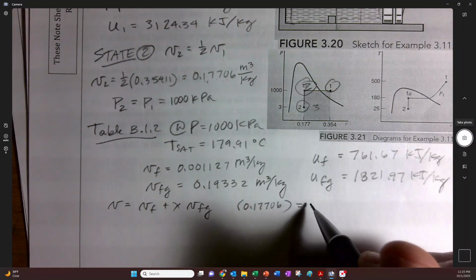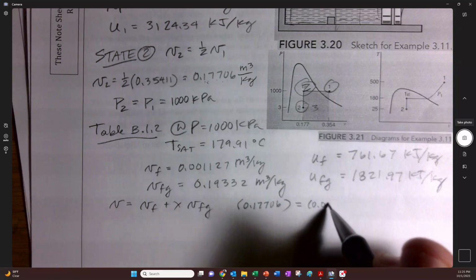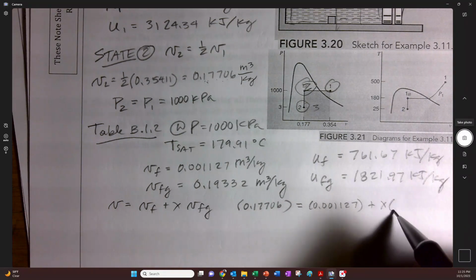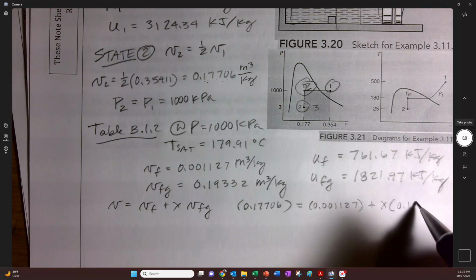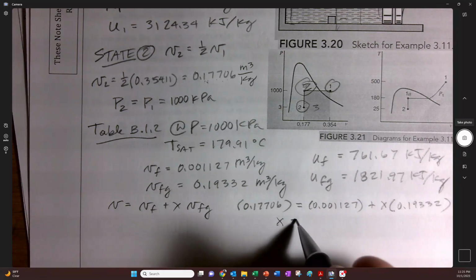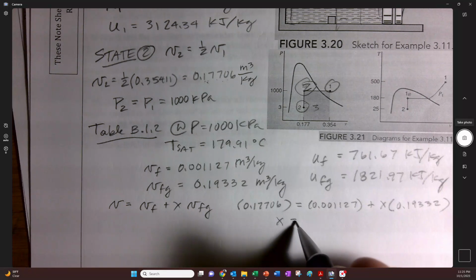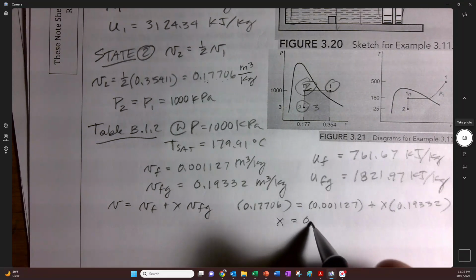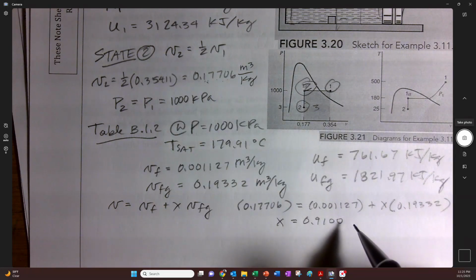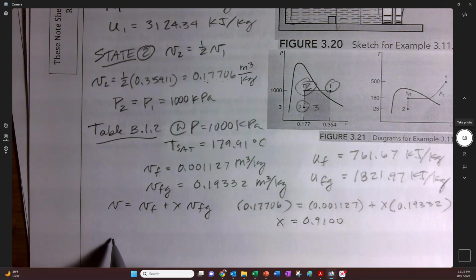It's going to be equal to 0.001127 plus X times 0.19332. And so for X we will get 0.9100, or 91%.